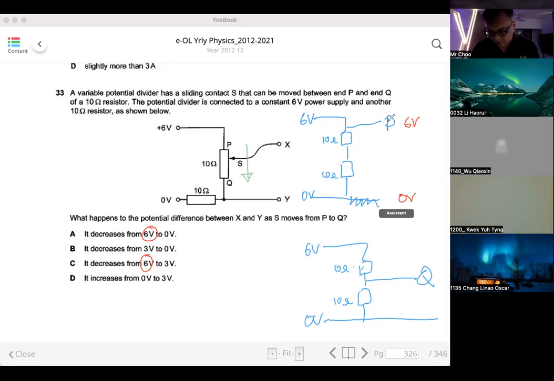Here is where the Y is. Okay, ignore this.